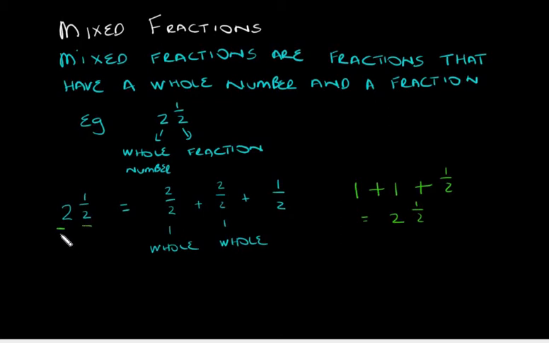So what we do is we say 2 times 2, and then you add the 1. 2 times 2 plus 1 will give you 5. So your answer will be 5 over 2. Why? Because 2 times 2 is 4, and 4 plus 1 is 5. So when we convert 2 and a half to an improper fraction, the answer would be 5 over 2.